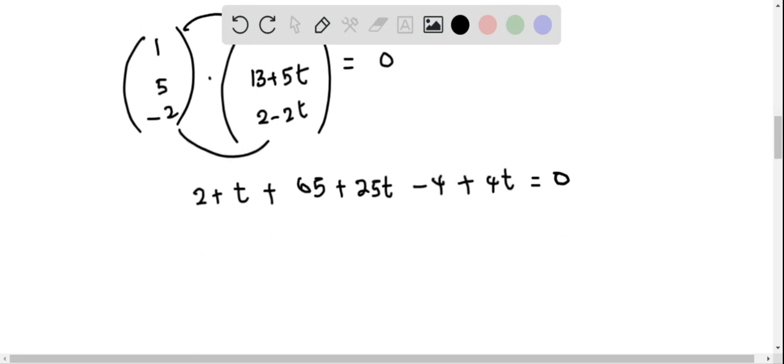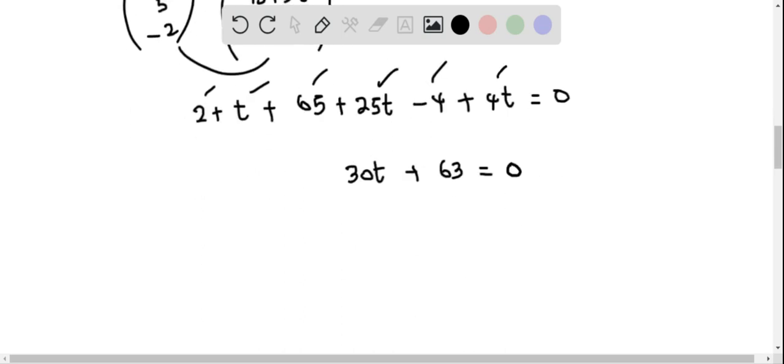So let's collect the t terms. We have t plus 25t, which is 26t, plus 4t, and this equals 30t. We have 2 plus 65 is 67, 67 minus 4 is 63. So this is a positive 63, and this equals 0.